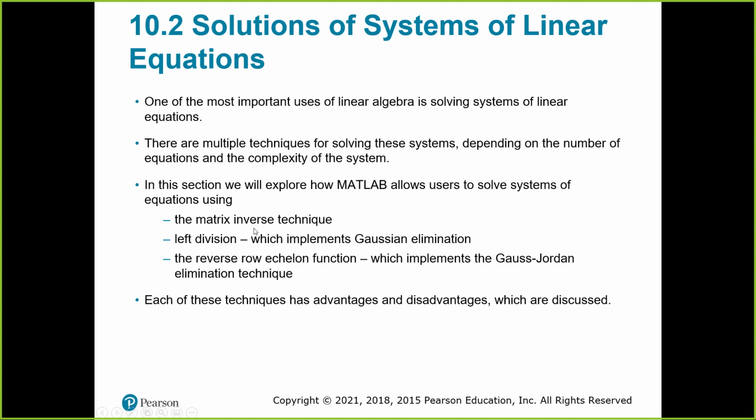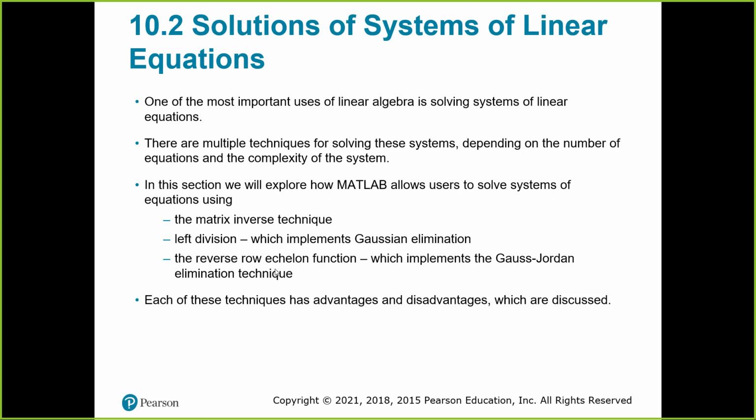These two are 100% identical in setup. Just the implementation differs. This one is different from those two, and I don't think the PowerPoint showed the reduced row echelon function, so when we get done, I'll show a little example of it.